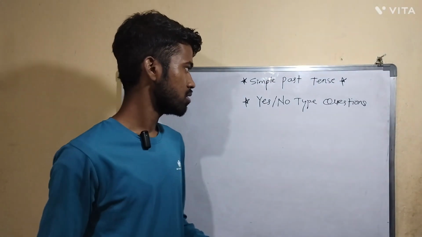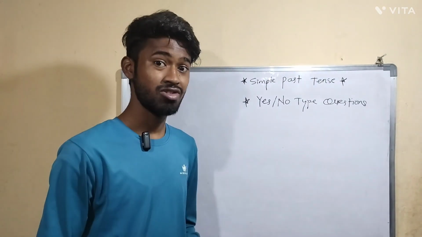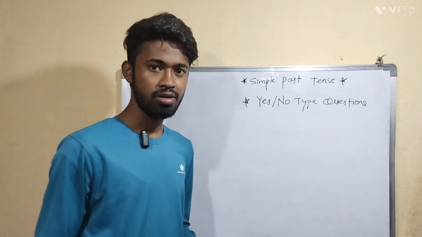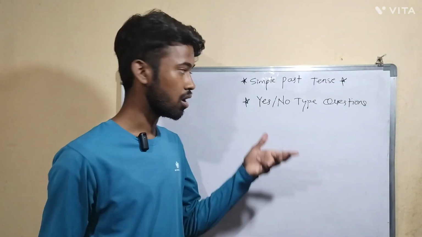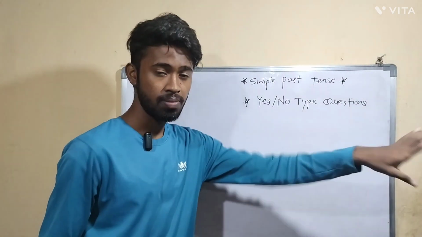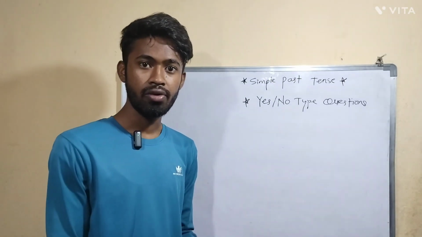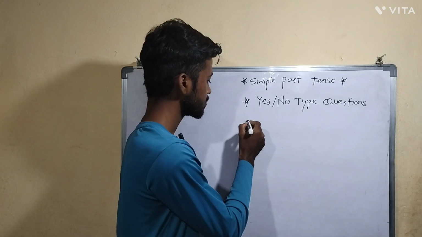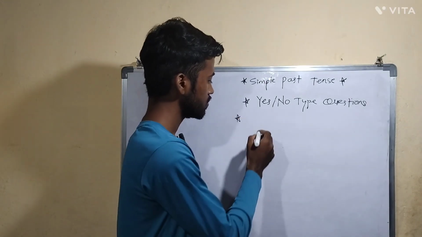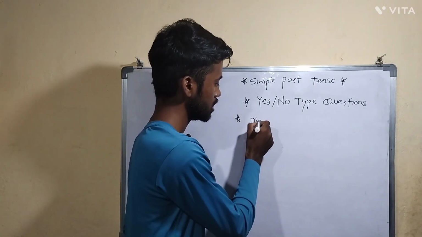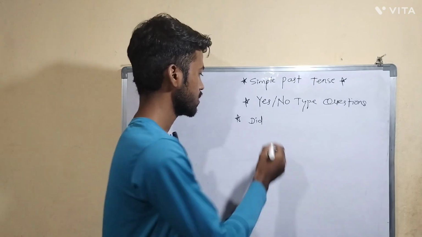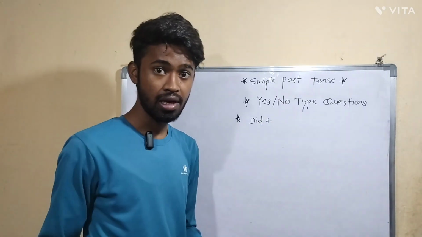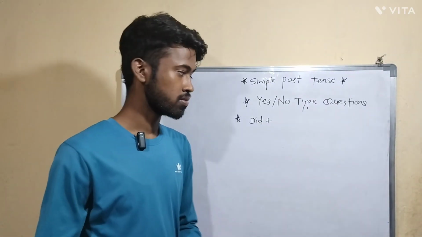Now here, what should be the structure? As we have discussed, for any verbal question or any yes-no type question, we use the helping verb at the first position, right? So what is the helping verb here? That is did. So did must be at the first position. If you learn logically, you can remember things for a long time.